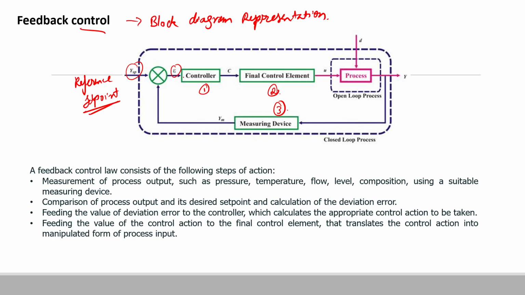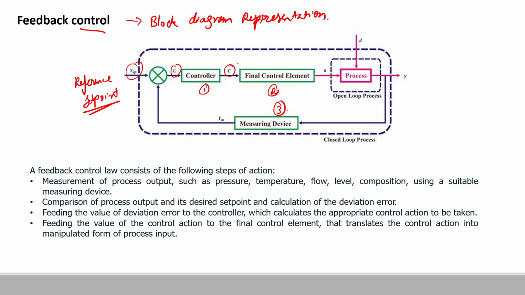We feed this error to a controller, and corresponding to the error, depending on its magnitude or trend, it will give us a control action. This control action is then fed to a final control element, which gives us the manipulated input that can be realized by the process.